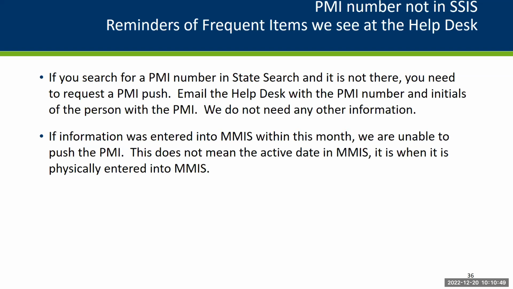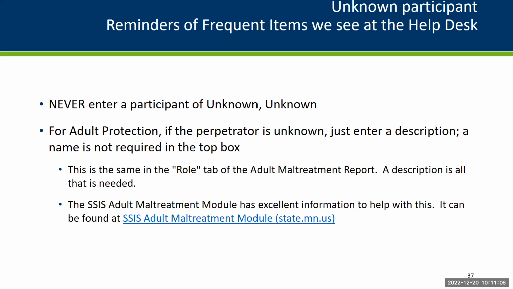So you'll get an email just saying, please let us know again after the 10th of the next month, and we can push that PMI for you. If you ever have any questions on PMI pushes or any of that, just let us know, and we'll be glad to help you on that. Next slide.